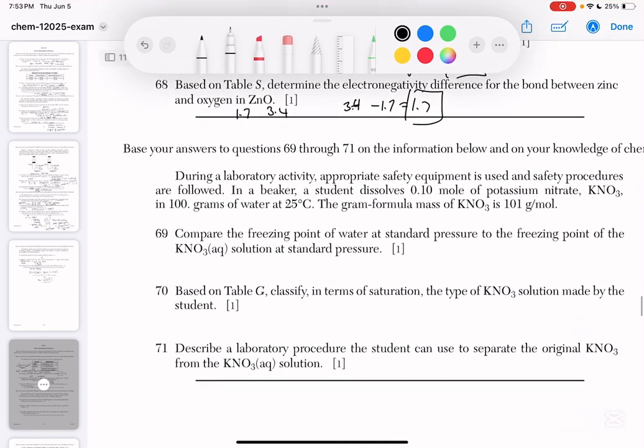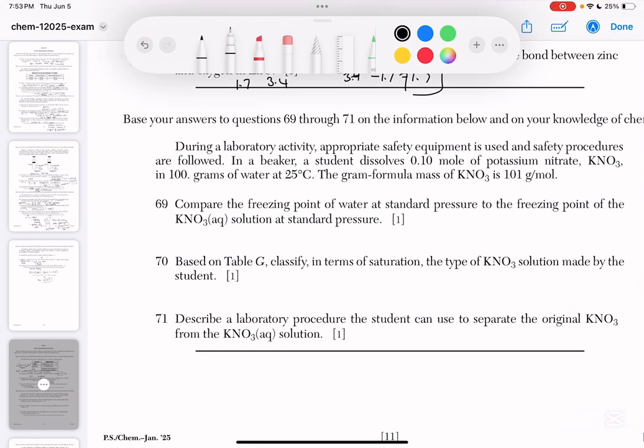Compare the freezing point of water at standard pressure to the freezing point of a solution at standard pressure. Okay, so the solution would have a lower freezing point because KNO3 is soluble, so it breaks into ions.